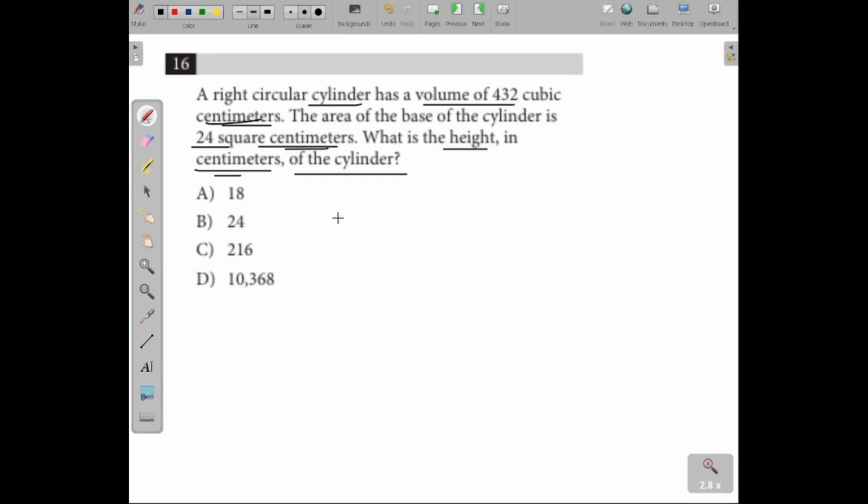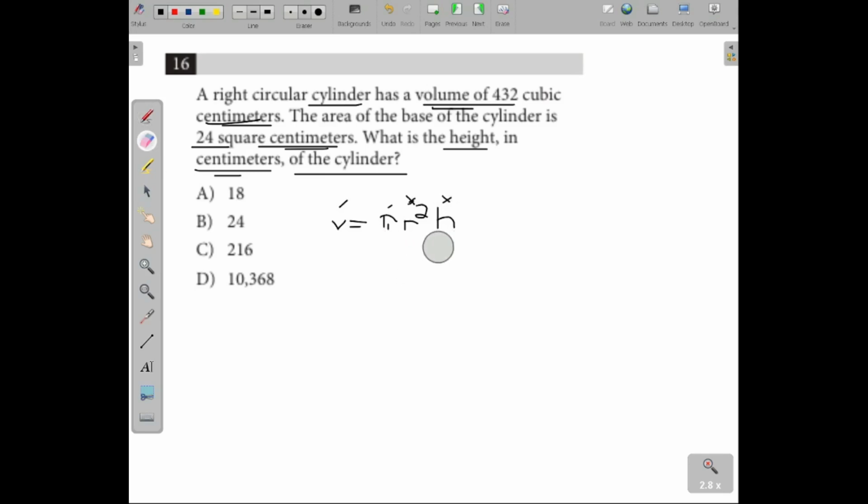The formula that can help us find the height is this one. The volume of the cylinder is equal to pi times the radius square times the height. We have the volume. We have pi. We don't have the radius, and we need to find the height.